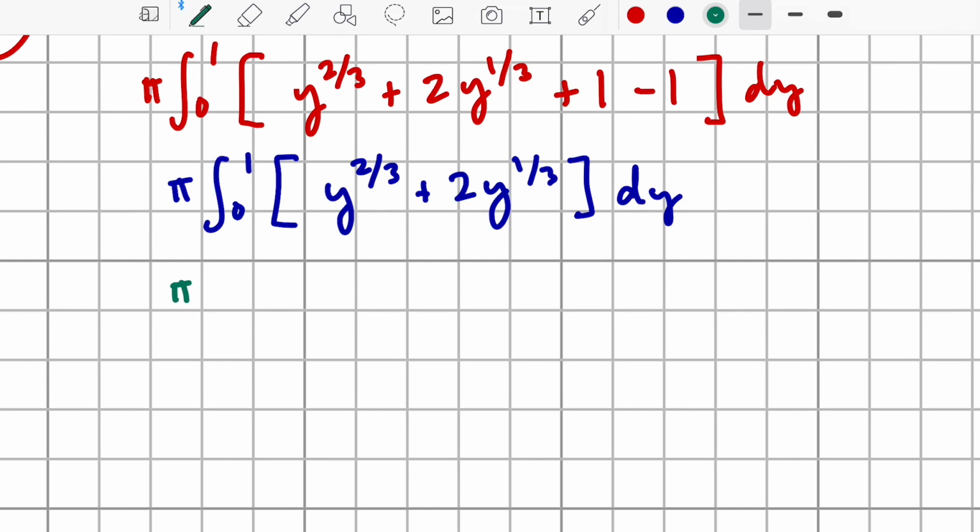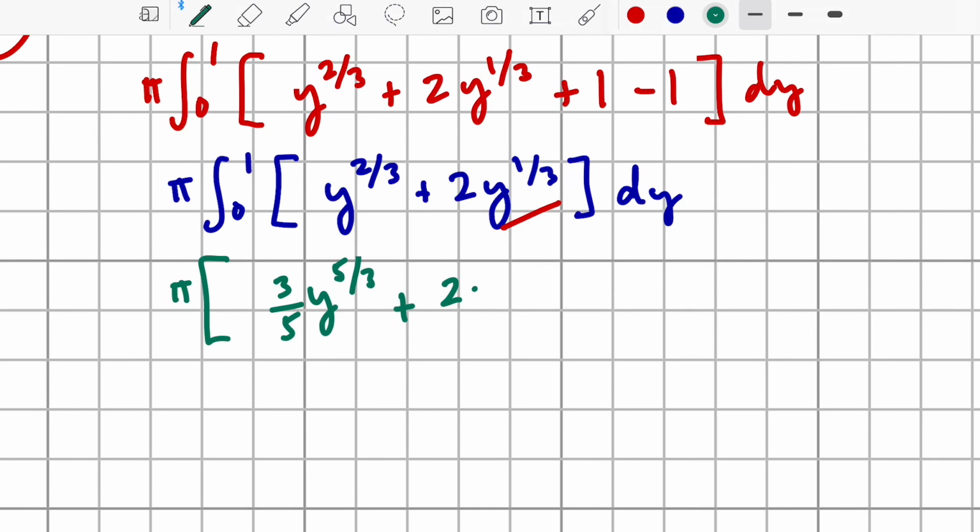Now we can anti-differentiate. So pi, antiderivative of y to the 2/3 power, we have to add 1 to the exponent. That 1 is in the form of 3/3. So 2/3 plus 3/3 will give me 5/3. But remember, we multiply by the reciprocal of the exponent. So 3/5 plus. So when I take the antiderivative of this one, ignore the 2 for now.